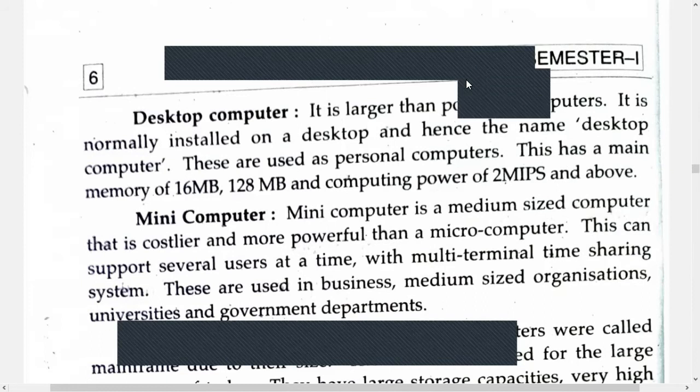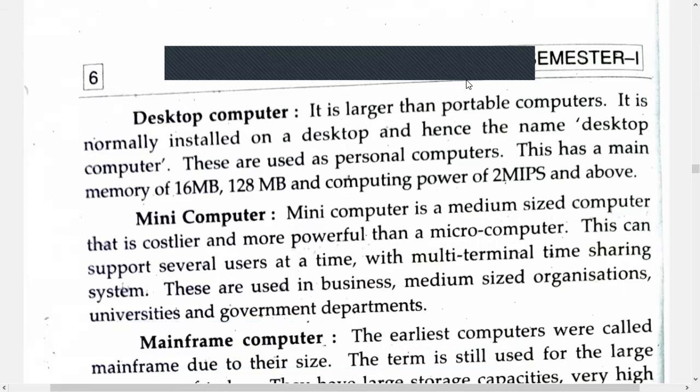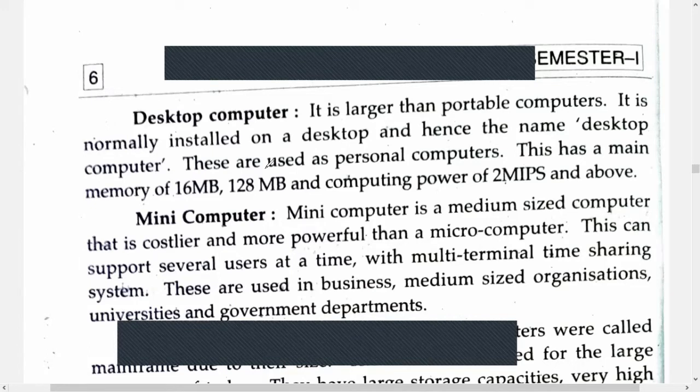Next is the desktop computer. A desktop is a little larger. Generally, we have a central processing unit, monitor, keyboard, and mouse. Everything has different parts. Generally, we see it in an office environment. At home, students may also use a desktop computer. Even though these values, 16 MB, 120 MB, are very early information, the data has increased rapidly.